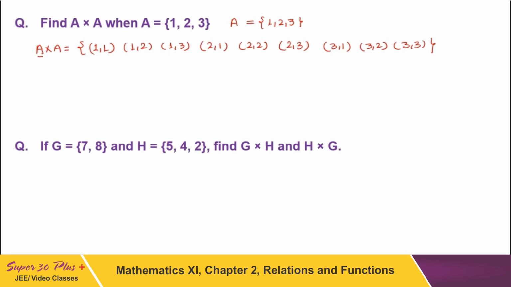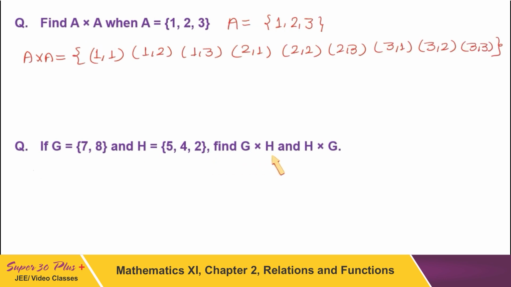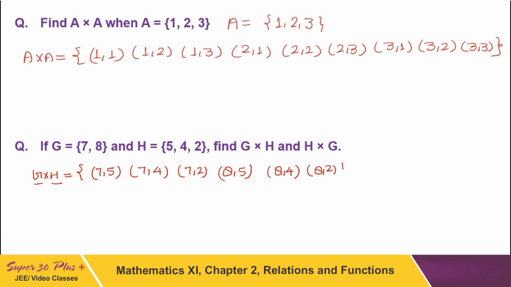Next example. If G equals this, H equals this, then find G cross H. G cross H will be the set of ordered pairs such that first elements come from G and second elements come from H. Then it will be (7,5), (7,4), (7,2), (8,5), (8,4), (8,2).